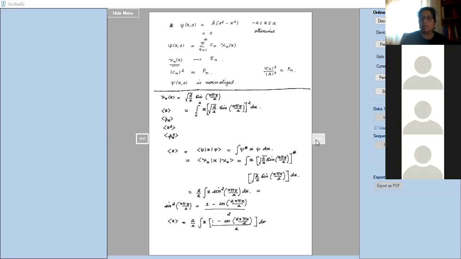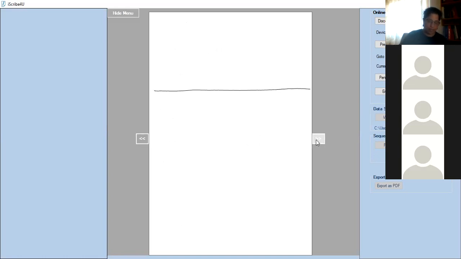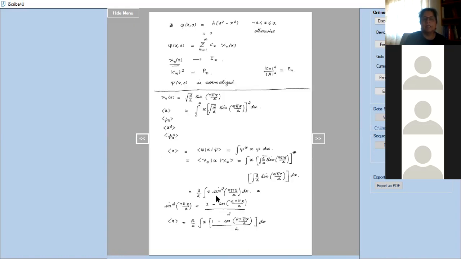People, I hope you're doing it on your own. Okay, so there's my line which I just drew in the middle of a new page because I changed it on the iScribe. So what are we going to get essentially? Your x expectation value, the 2 and the 2 will cancel off.